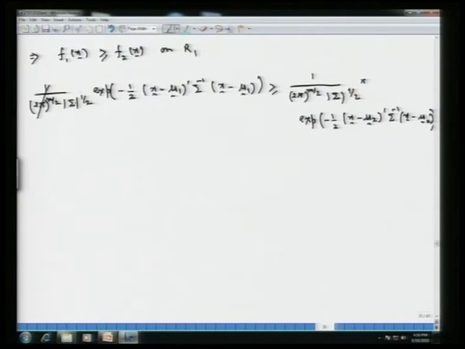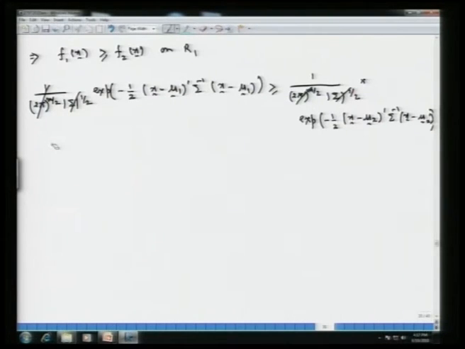So, these two terms cancel out with these two terms, and we simply have the following. Let us open the two exponents. One can get rid of the exponents also, that is not a problem, because we can take a log on both the sides.